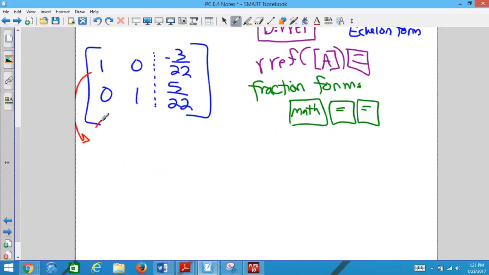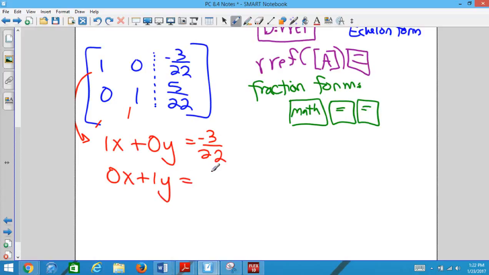If I take this answer and I write it back as a system like it was to start, this would be 1x plus 0y equals negative 3 over 22. And 0x plus 1y equals 5 over 22. That would be the system.